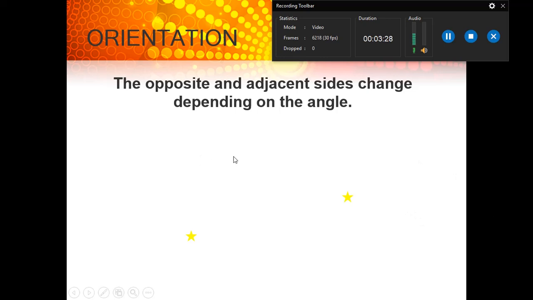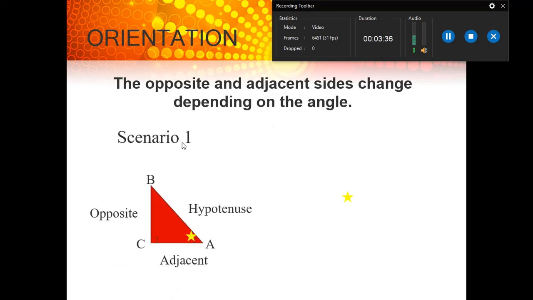So let's get an idea of the orientation for the opposite and the adjacent sides of your right triangle. And again, these will move. So here's scenario 1. I see my right angle at C. The hypotenuse is always directly across. That will not change. I'm working here at A. I put a little star here. Think about this when you're in a big mall.